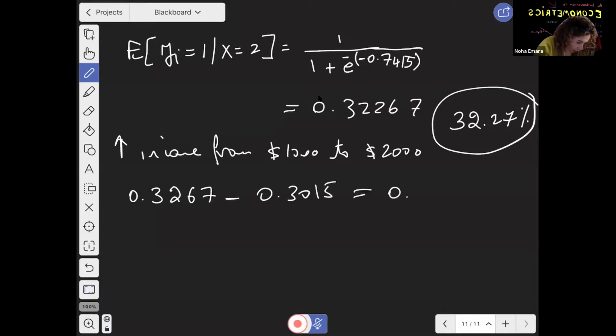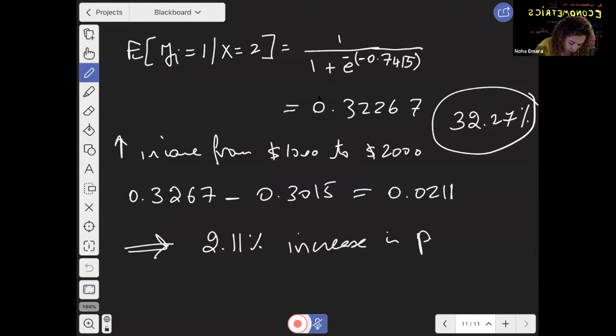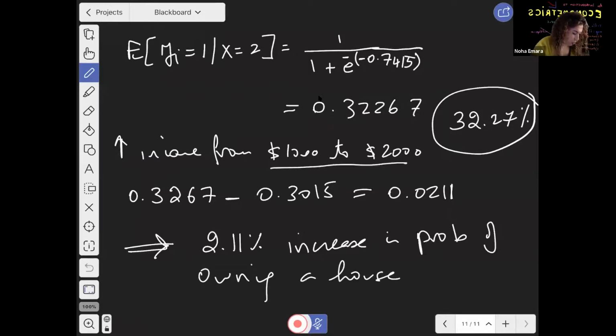We will get this number as 0.0211. Okay, so you can say this implies there is a 2.11% increase in probability of owning a house if the income increases from 1,000 to 2,000.